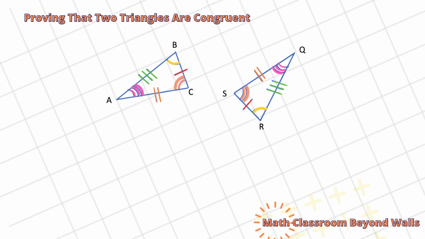From here, we can write this congruent statement. Triangle ABC is congruent to triangle QRS. Because the triangles are congruent, the corresponding parts are also congruent. Hence, we can also write the following statements.